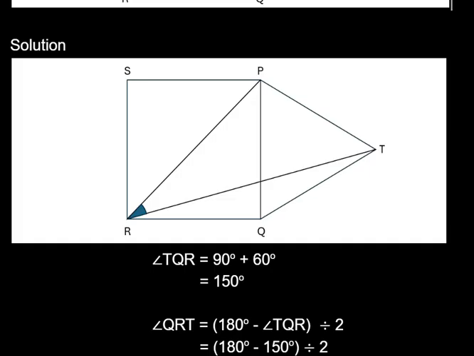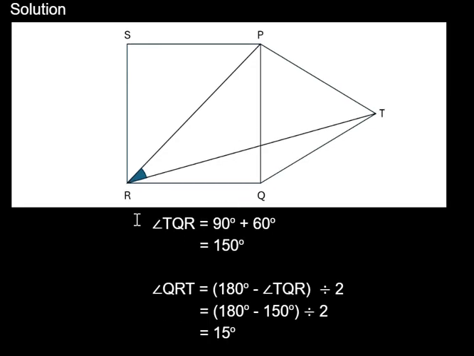We're going to solve the problem itself now that we analyzed what was given. First thing, we say that TQR is 90 plus 60. The 90 comes from the square, the 60 comes from the equilateral triangle, so it's 150 degrees. So the angle here is 150 degrees.